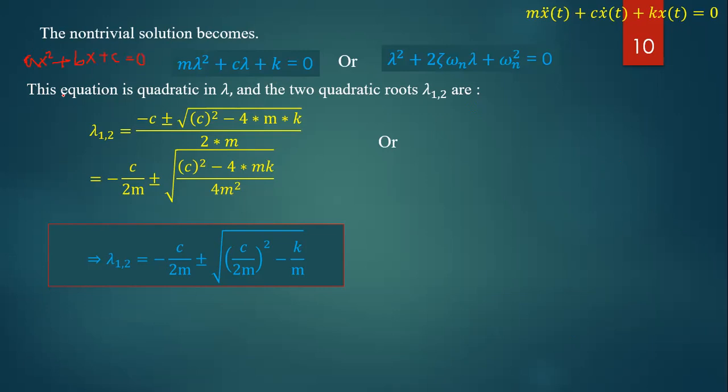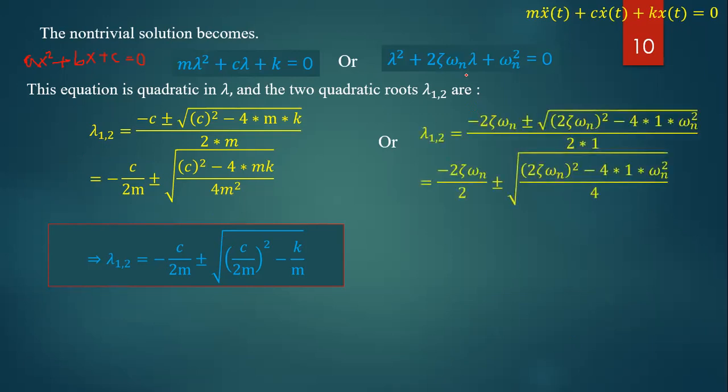It is similar to this. In our case, our a is m, our b is c, and our c is k. So just substituting those terms here, we can find the quadratic solution of this lambda.